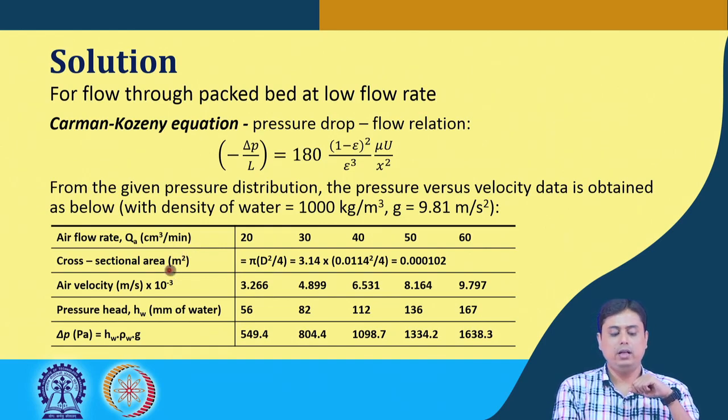Once you do that, you divide it by the cross sectional area to find the value in meter per second. Then you get the air superficial velocity representing the corresponding air flow rate value.